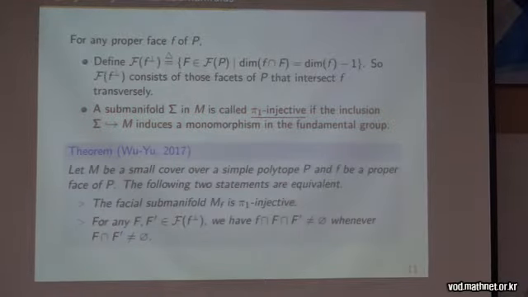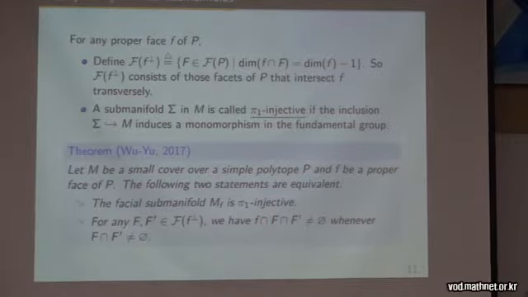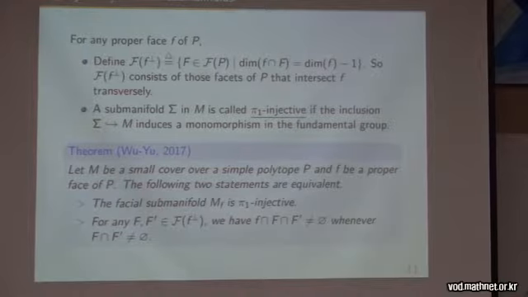Our main result says a facial submanifold is pi_1-injective if and only if for any two facets F and F' in this set, their pairwise intersection implies there is a common intersection.